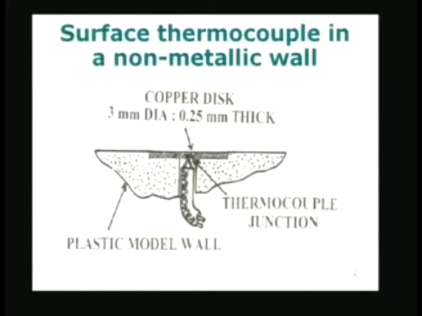Okay. So, the copper disc is getting heated from the top if the temperature of the fluid is different from the temperature of the surface, and there can be some amount of heat loss due to the thermocouple which is connected to the bottom.